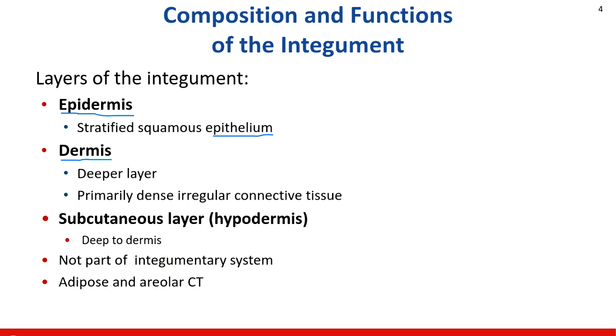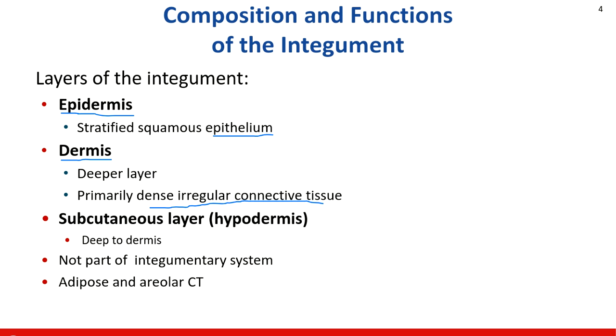So the dermis has a lot of stuff. Primarily, the dermis is made up of dense irregular connective tissue, and dense irregular connective tissue does have a decent amount of vascularity involved. So whereas the epithelium is avascular, the dermis will have a significant amount of vascularity, or blood vessels, present there.